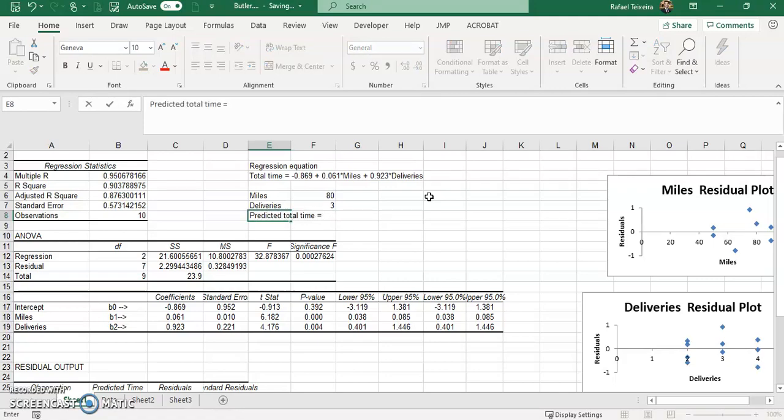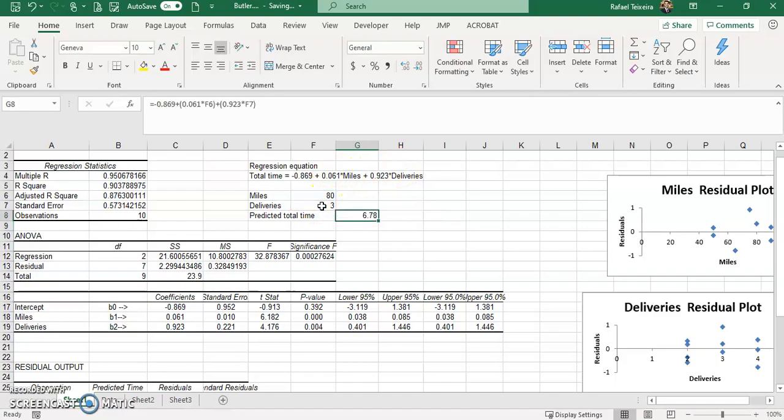The predicted total time is going to be equal to negative 0.869, plus, I'm going to open parentheses, 0.061 multiplied by the miles, 80 miles, close parentheses, plus 0.923, open parentheses, 0.923 multiplied by the number of deliveries.